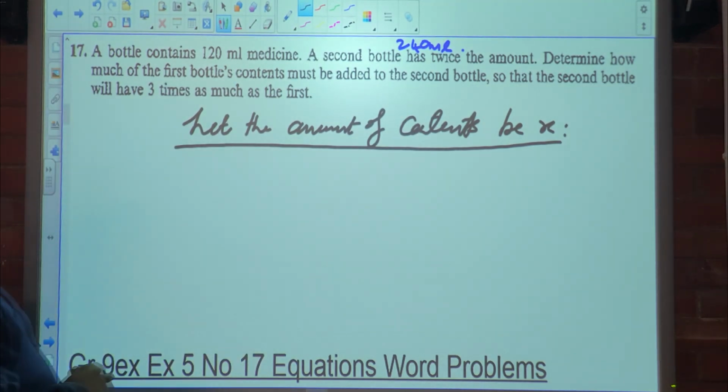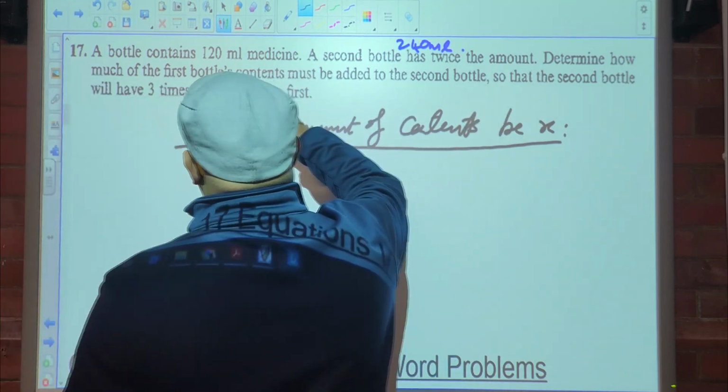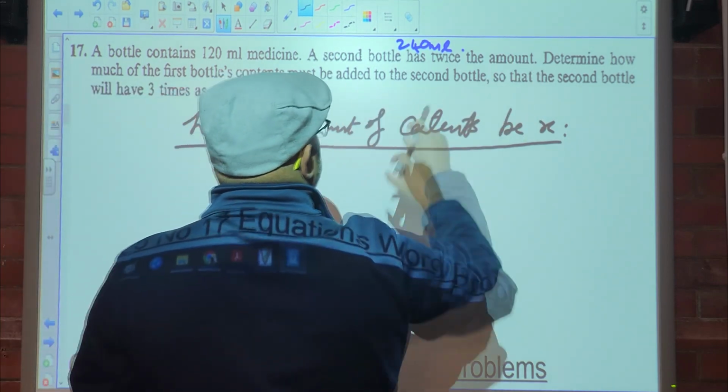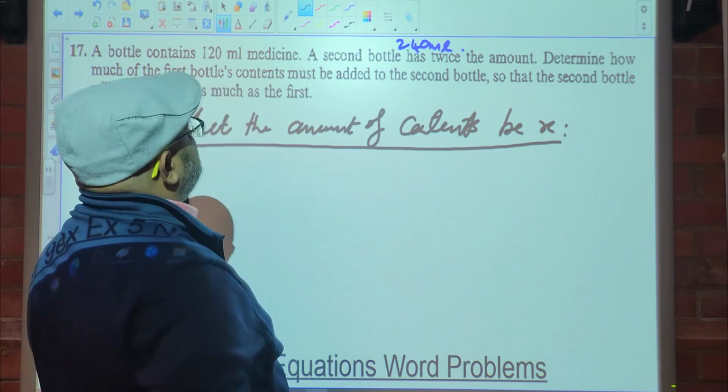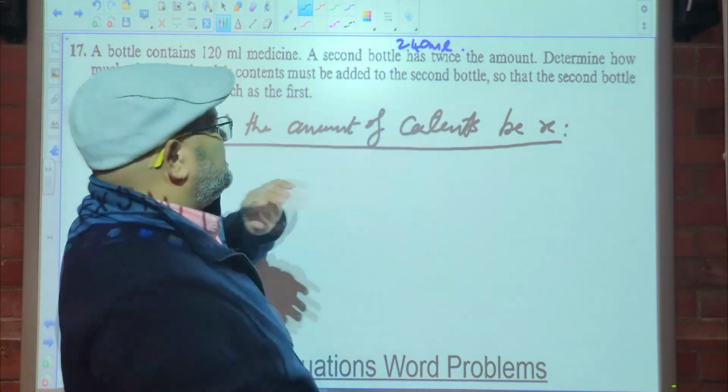Okay. So for the first bottle, determine how much of the first bottle's contents must be added to the second bottle. Okay, so the second bottle already has more in, not so.